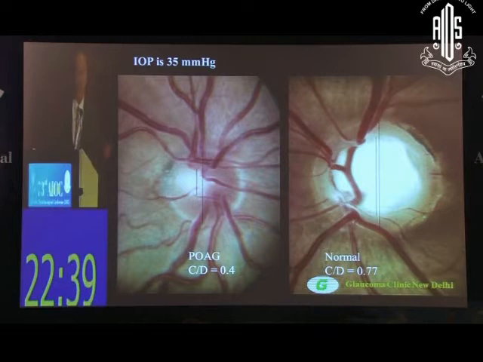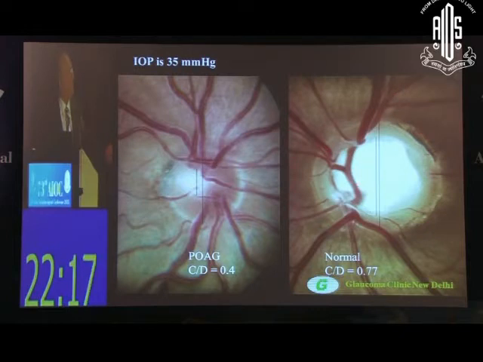So when this patient presents to us with an intraocular pressure of 35, and you see this small optic disc, don't take it to be normal. The diagnosis would not be ocular hypertension, it would be primary open angle glaucoma, because small discs should have no cups. And for the same reason, don't treat this patient as open angle glaucoma simply because the disc is large and has a large cup disc ratio.